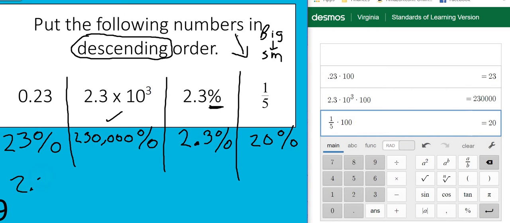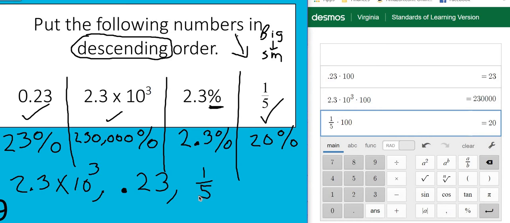So 2.3 times 10 to the third would be first on our answer. Now let's see. 23, 2.3, 20. The next biggest one is the 23%, which is written as 0.23 in original form. Then came the 20%, which is written as 1/5 in original form. And finally, the 2.3% is our smallest.